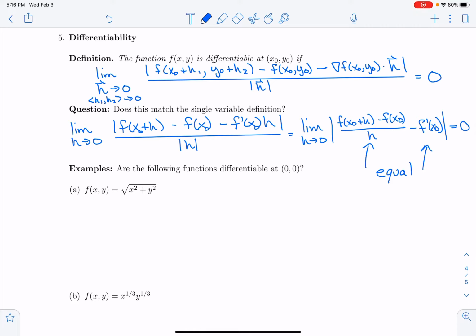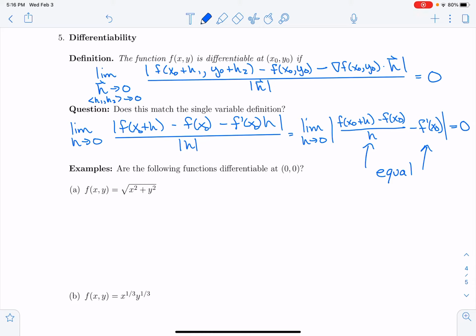So what this definition is doing is it's not saying that the limit of the difference quotient is the derivative. It's saying that the distance between the difference quotient and the derivative goes to 0 as h goes to 0. And that's essentially the same thing.